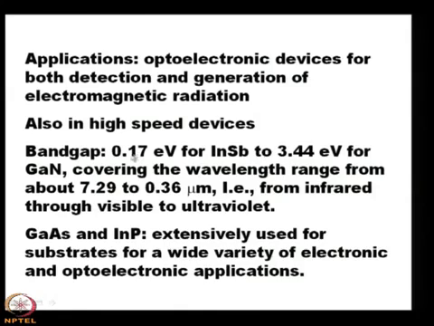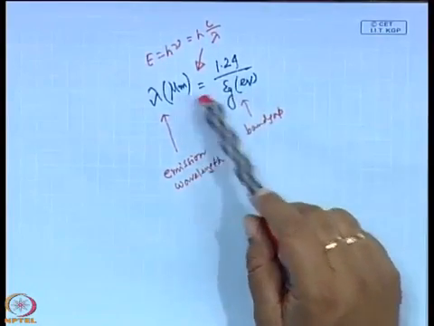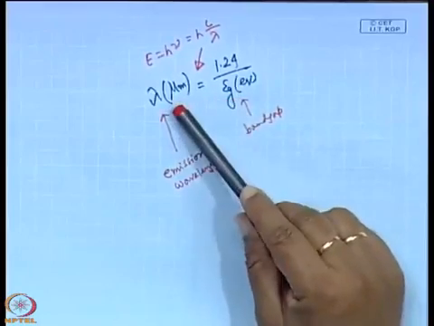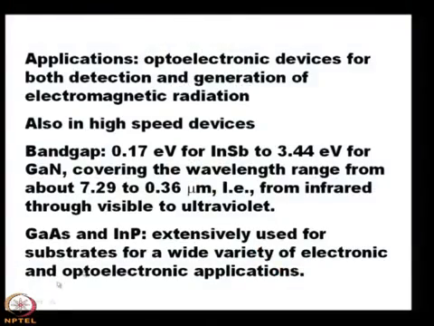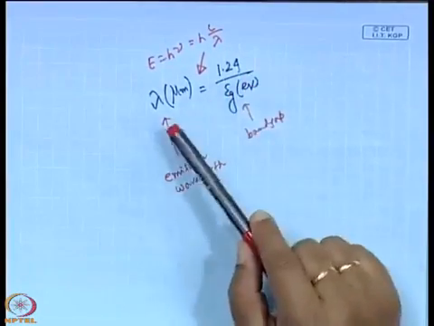Now, if you look into the band gap of the materials, indium antimonide has a band gap of 0.17 electron volt. If you put 0.17 electron volt in this relation, you will find that it corresponds to the infrared. And if you take gallium nitride, for which the band gap is 3.44 electron volt, and put 3.44 in this relation, the lambda will be in the ultraviolet region.